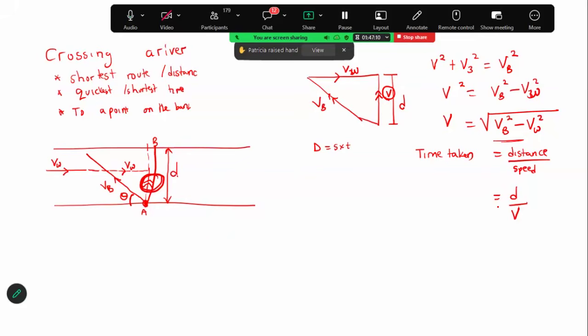In case, what else can they ask you? In case you want to obtain theta, our diagram is like this, whereby this is the velocity of the boat, this is our velocity of the water, and this is our theta. Now, in case you want to obtain the angle theta to the bank, what do you need to do?